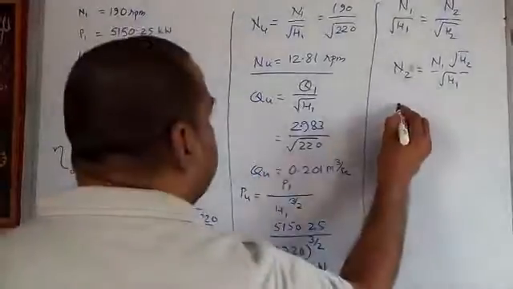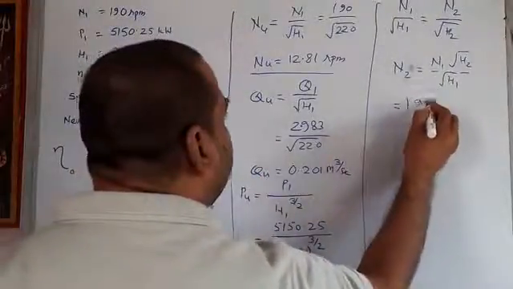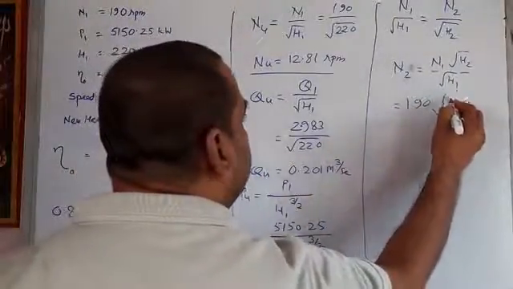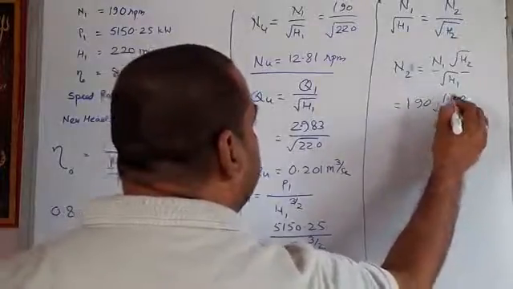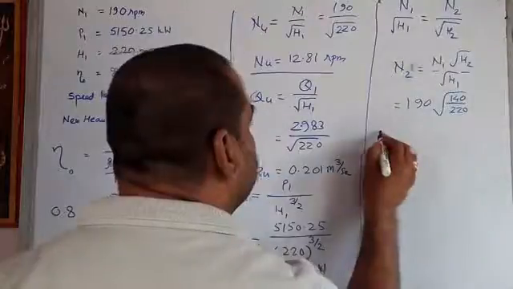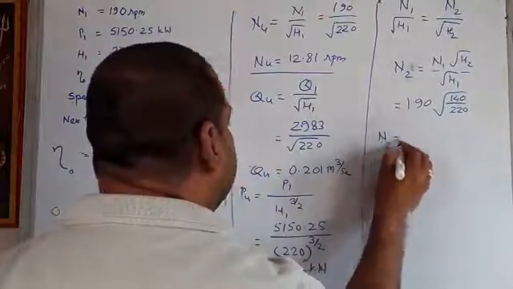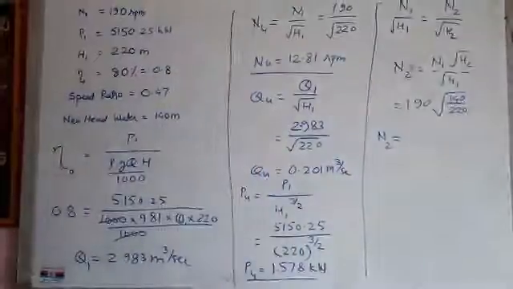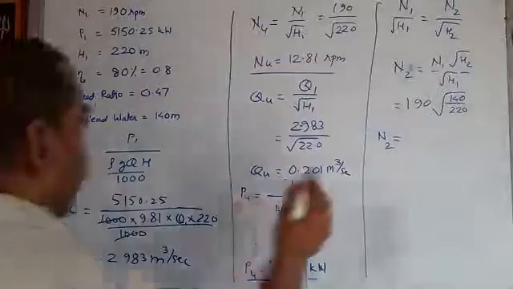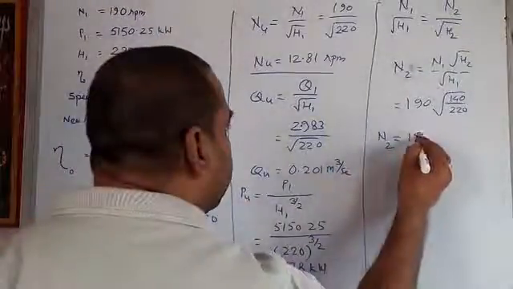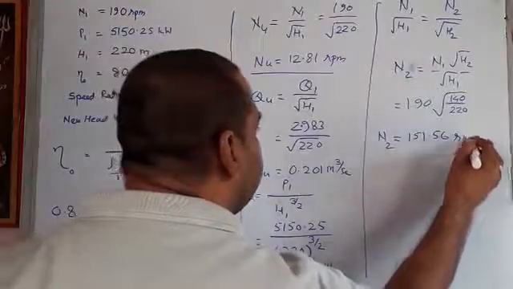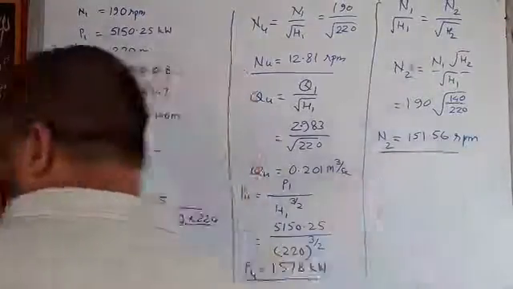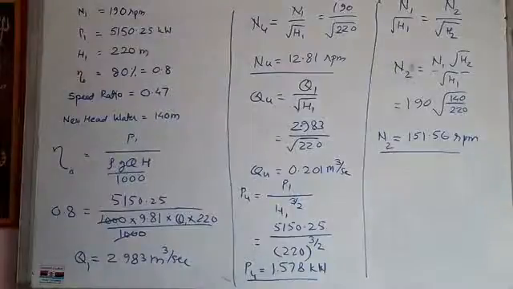Putting the values, this is 190 square root of 140 by 220. So the value of N2 comes 151.56 RPM.